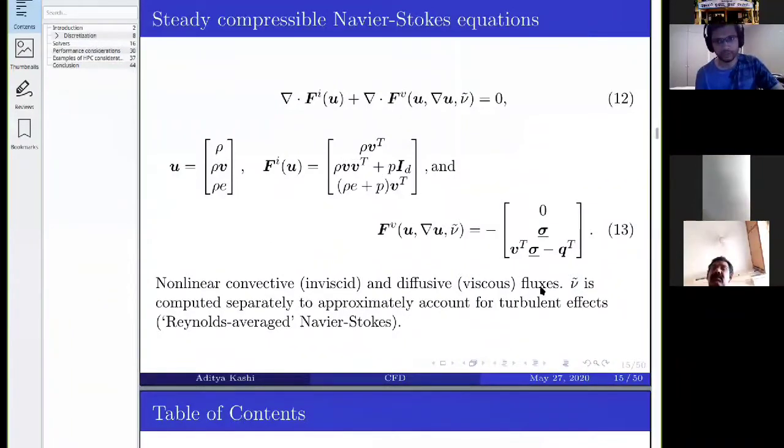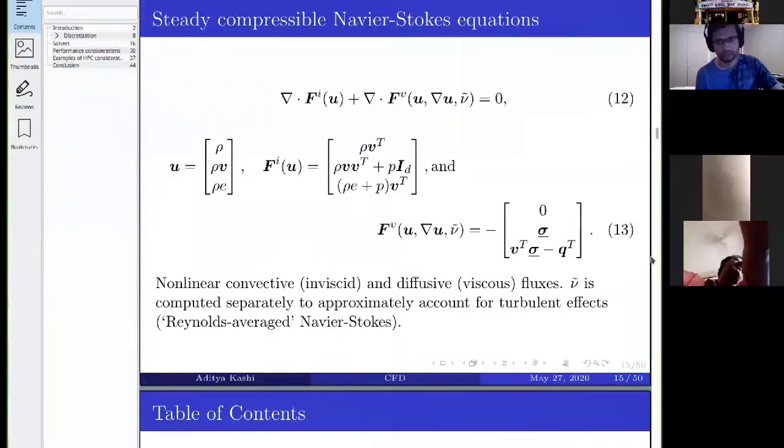And finally, the viscous terms are given by a stress tensor, which depends on a strain tensor, which depends on the velocity.